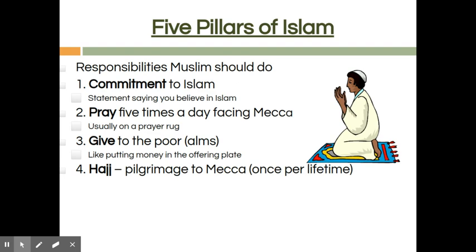Likewise, it's very expensive, so if you cannot financially do it, I believe, if I remember correctly, that can be an exception as well. But it is a very important part. There's a lot of little steps in the Hajj that people have to do. But I'm sure it's a very memorable journey.